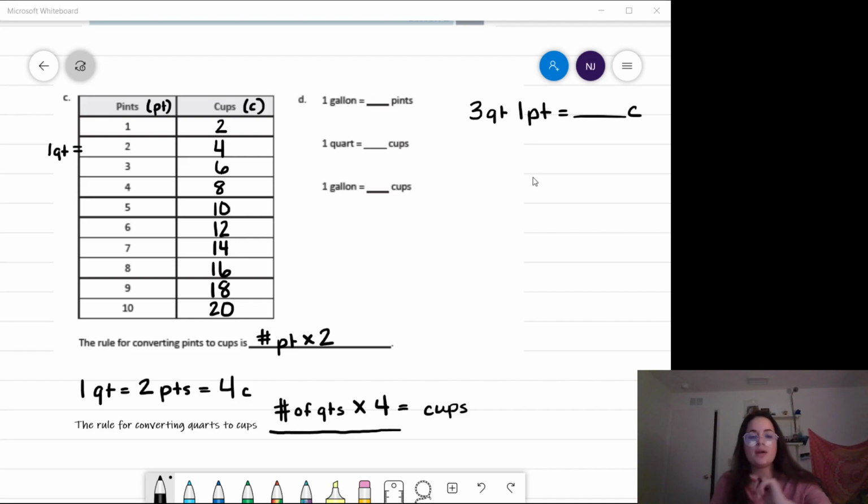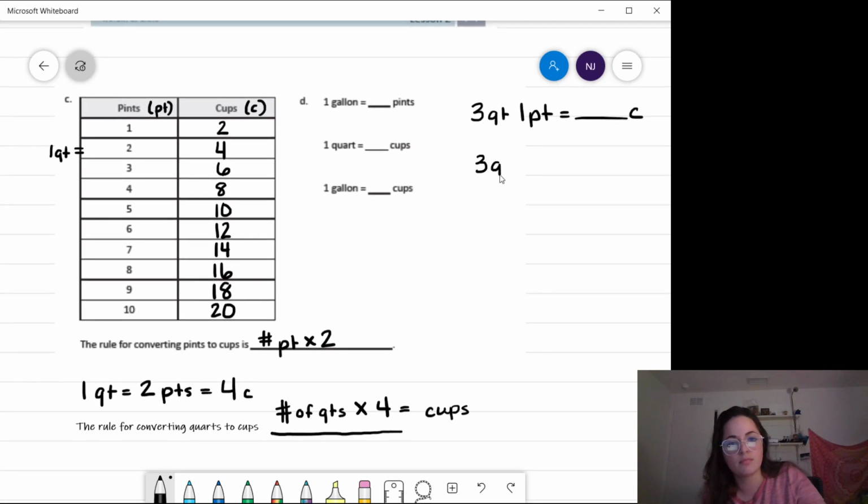All right, so we are ready to go over the answer. We're going to take these 3 quarts and turn them into cups by multiplying times 4, and that will give me 12 cups.